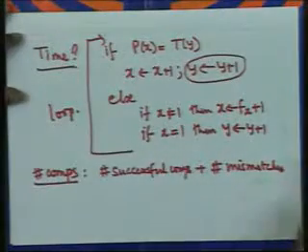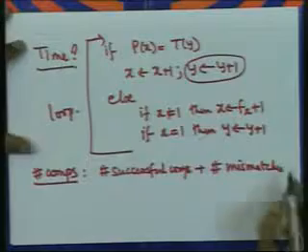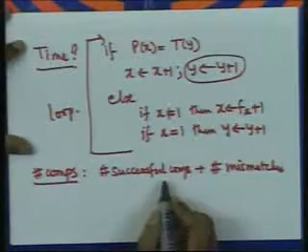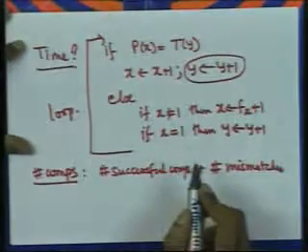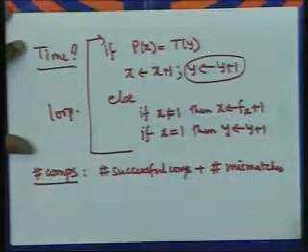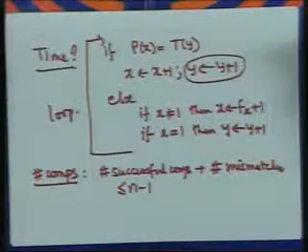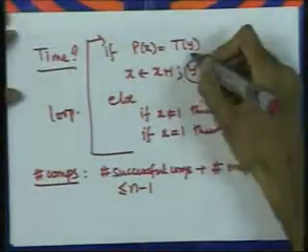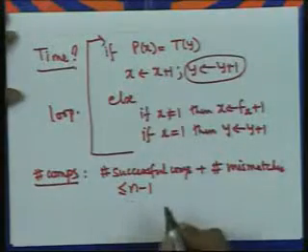The pointer on the text never goes back, always goes forward. So each time y goes up by 1, it starts at 1, ends up at n. So this is at most n minus 1, because the smallest value of y is 1, the largest value is n, and each time there is a successful comparison, it increases by 1.